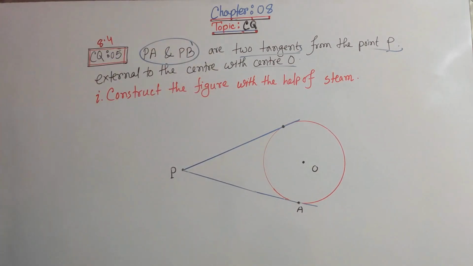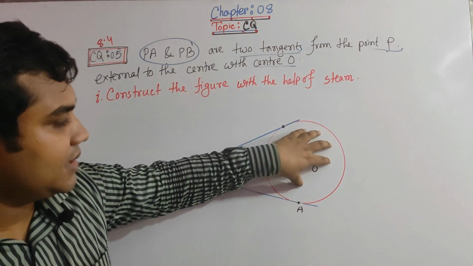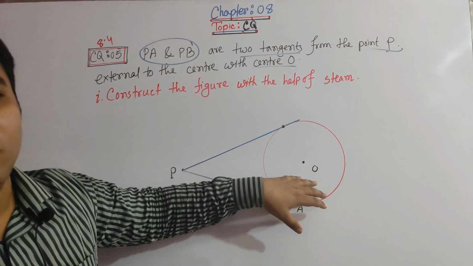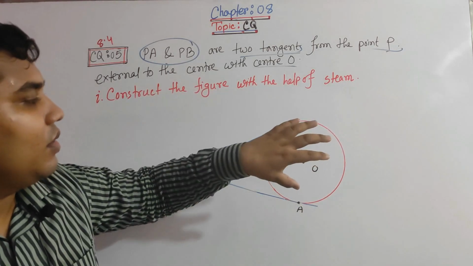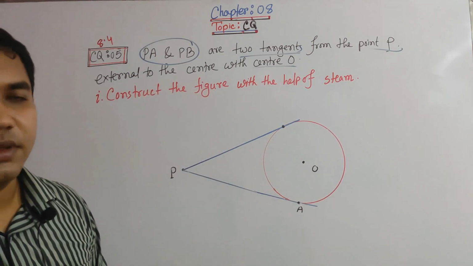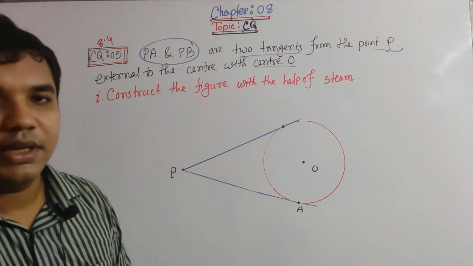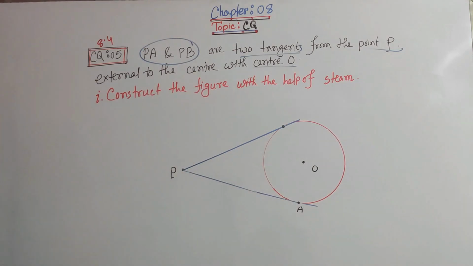So this is a circle with center O, and PA and PB are two tangents. This is question number 1.